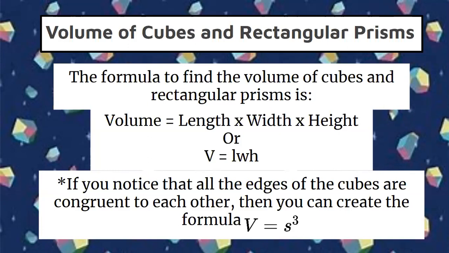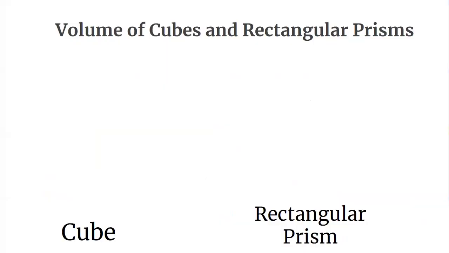So this property is kind of the same as a 2D rectangle and a 2D square, I mean. So basically, since we know all the sides are congruent to each other, we can just cube the sides to find the volume.